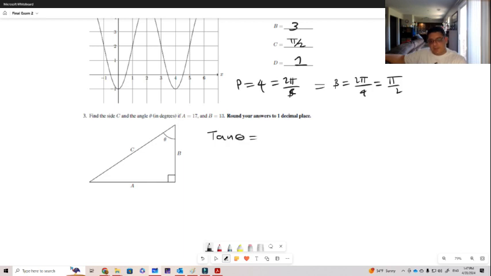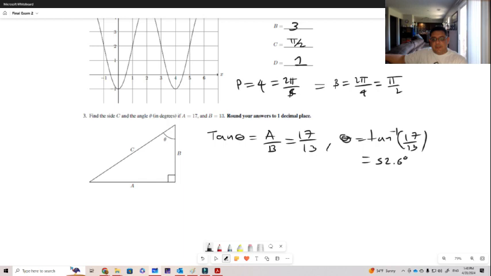So the opposite is a, and the adjacent is b. So this is 17 over 13. And so with that we can find theta using tangent inverse. And that's going to be, in degrees, 52.6.